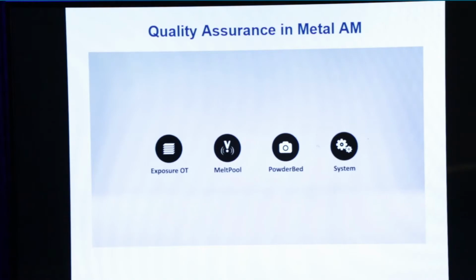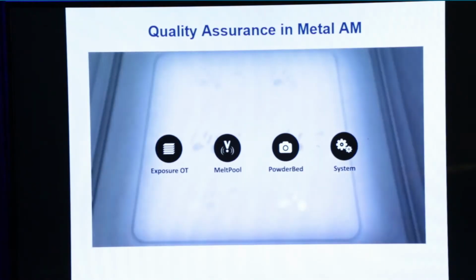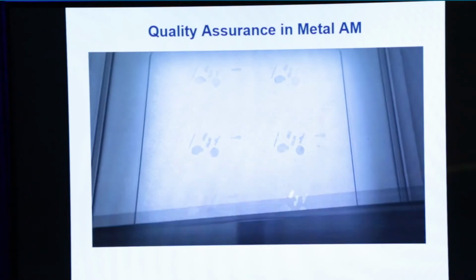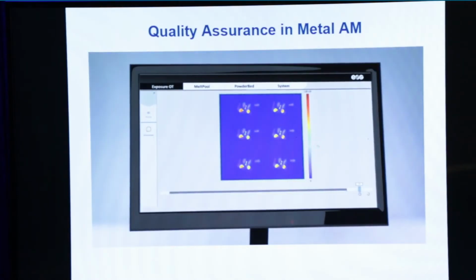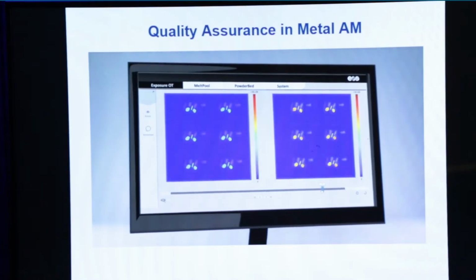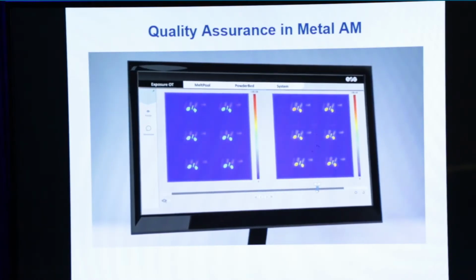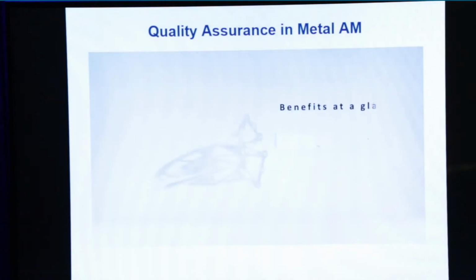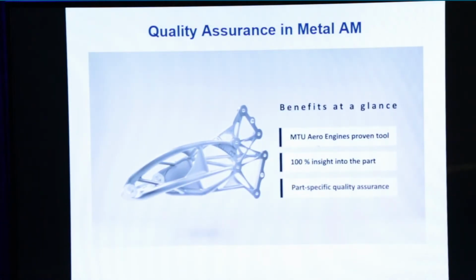Developed with MTU aero engines, EOS State Exposure OT captures the entire building platform with optical tomography and provides a holistic view on the melting behavior of the material. This tool is optimized for quality assurance and helps to lower the costs for CT scans after the build process.